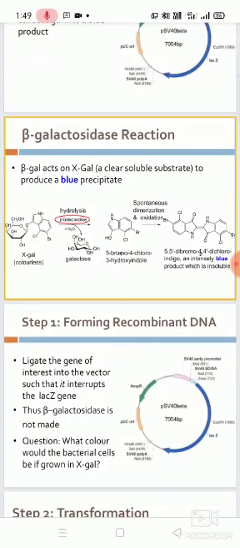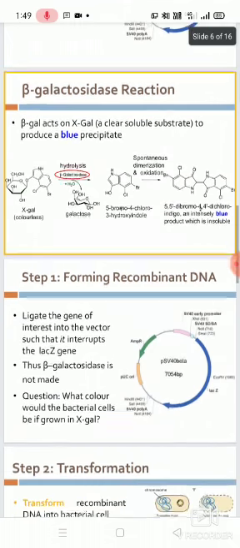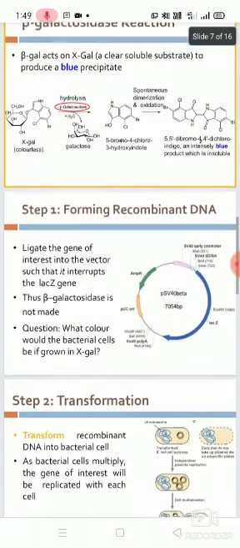Here we can see the reaction where X-gal, a colorless substrate, is converted into 5,5-dibromo-4,4-dichloroindigo, which is an intensely blue product and is insoluble. This is all because of the enzyme beta galactosidase, encoded by the lacZ gene.